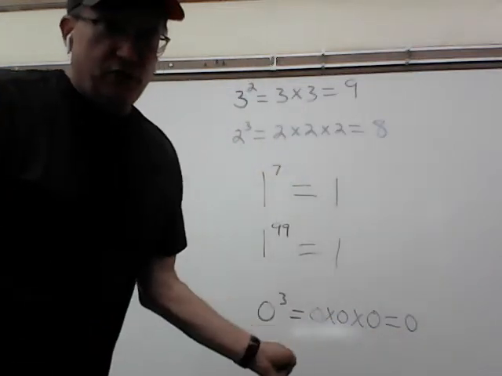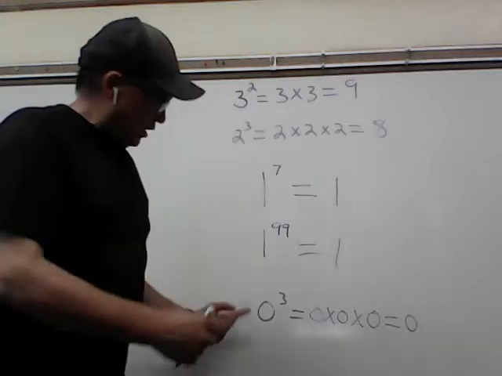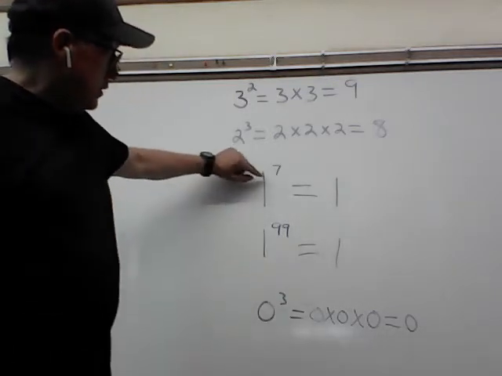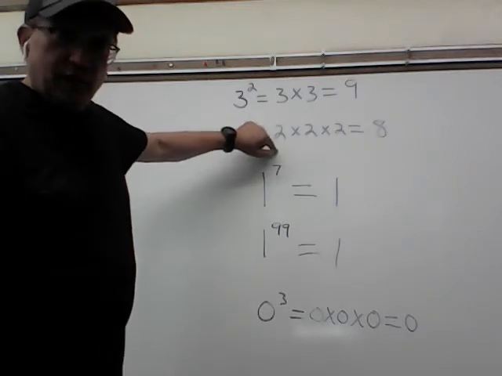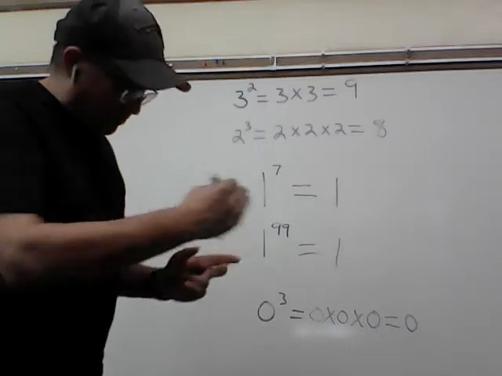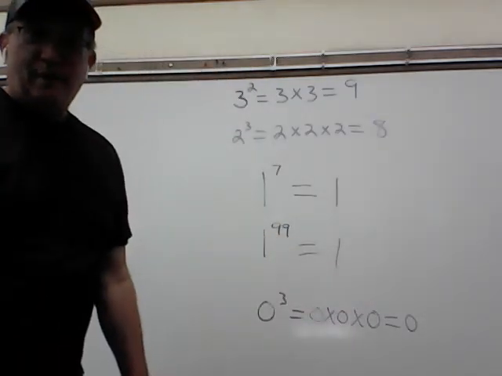But don't let that one fool you. That's kind of an exception to that rule of doing this times this. It happens to work with 0. Notice it doesn't work with 1. 1 to the 7th is not 1 times 7. It's 1. 0 to the third happens to be 0, but it's just because no matter how many zeros you multiply, you get 0.